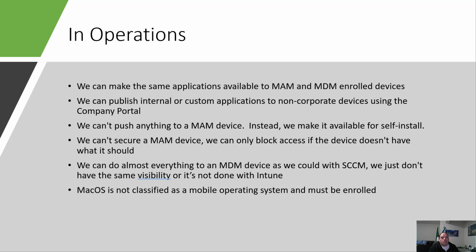So in operations, this is really important because it allows desktop engineering to make the same applications available to both their corporate owned devices and the devices that users are using to connect to work that aren't managed.